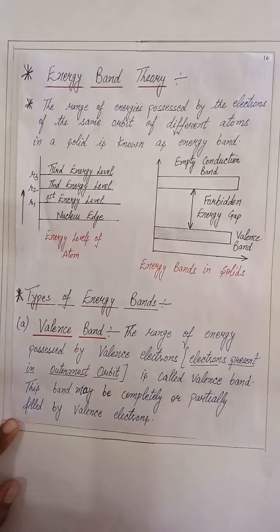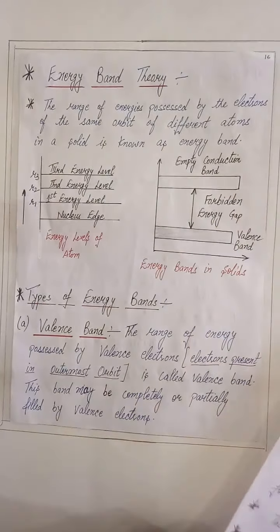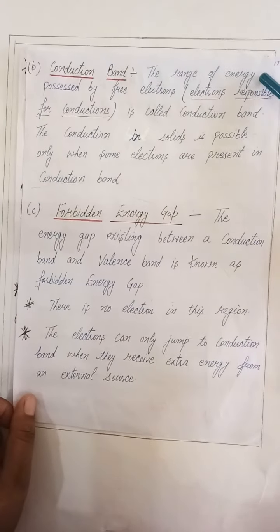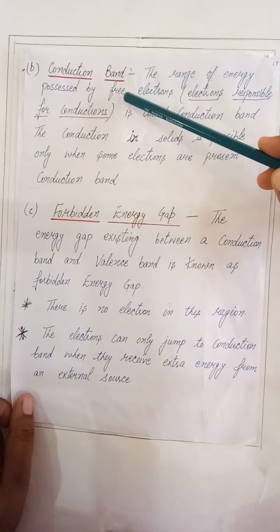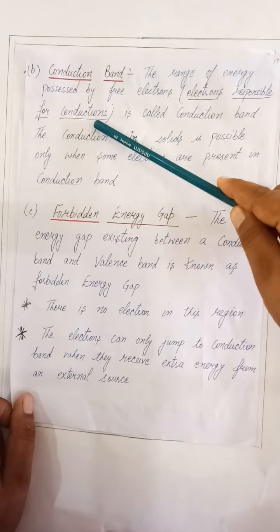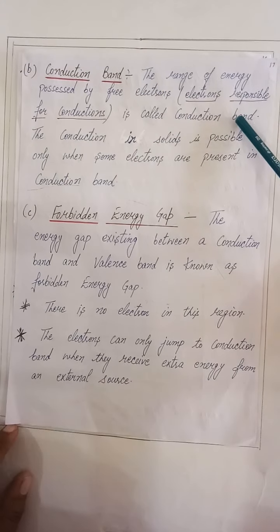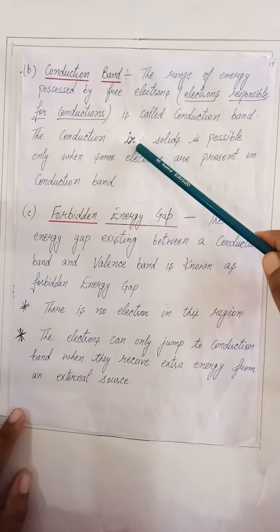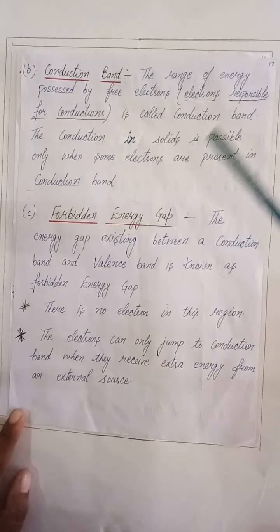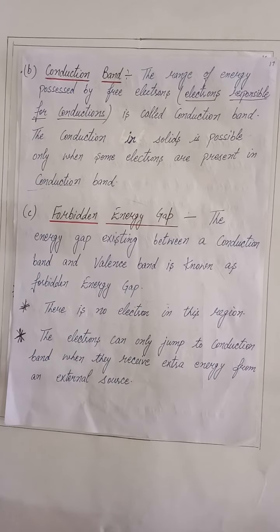Now, second is the conduction band. The range of energy possessed by free electrons responsible for conduction is called conduction band. The conduction in solids is possible only when some electrons are present in conduction band.